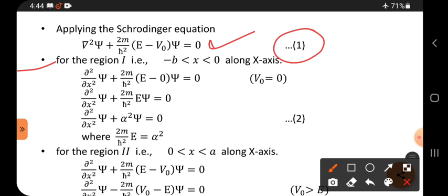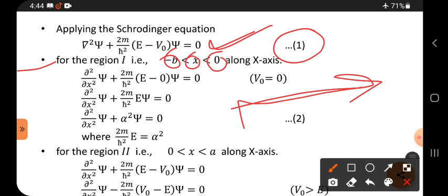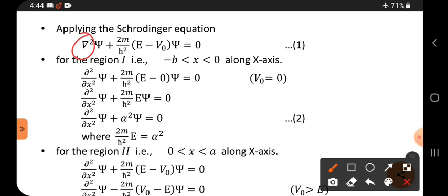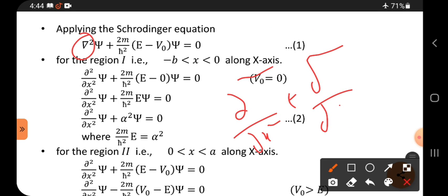So let me apply this equation to region 1. Region 1 lies between minus b and 0. Why is x taken? The moving particle is in one dimension, so that is why the x direction is taken. In general the formula is dou square by dou x square plus dou square by dou y square plus dou square by dou z square.